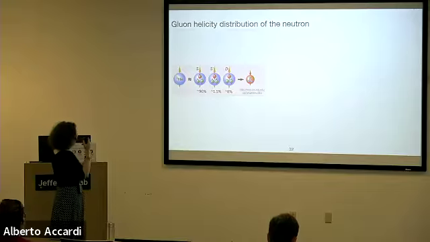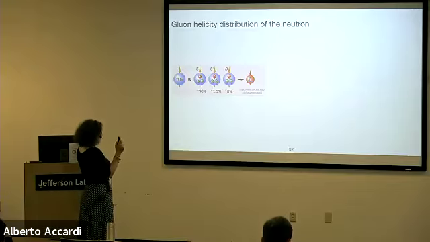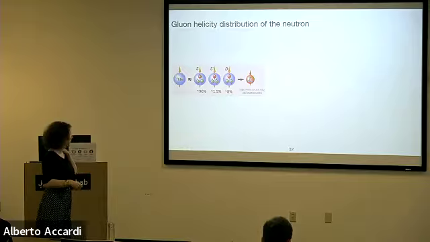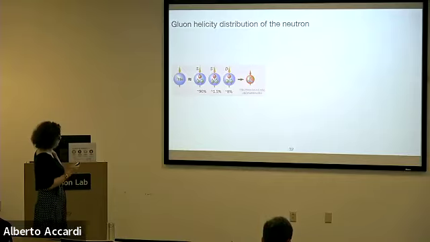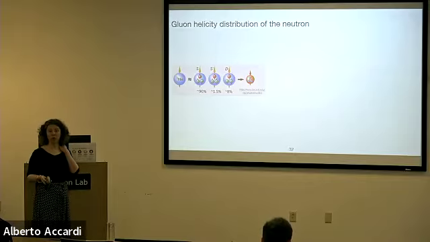Now I said we can study the gluon helicity distribution very nicely using a proton, but we can actually also learn something about the gluon helicity distribution inside the neutron.